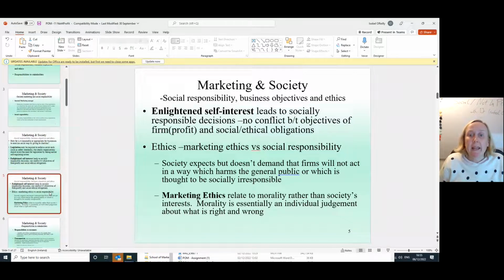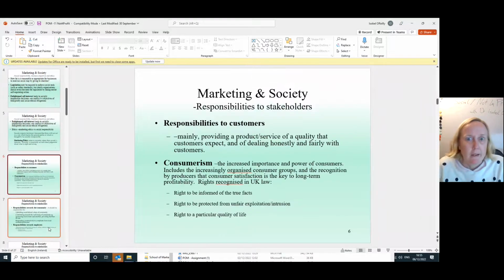practices. Marketing ethics relate to morality rather than society's interests. Morality is essentially an individual judgment about what's right and wrong, and it can be different in different cultures as well, so it can get a little complicated. Responsibilities to customers then, mainly providing a product or service of a quality that customers expect and dealing honestly and fairly with customers.